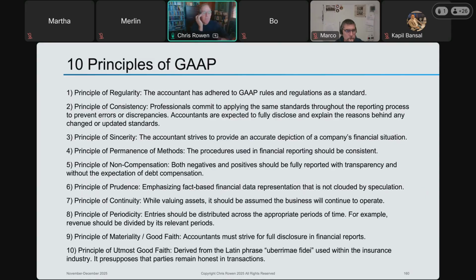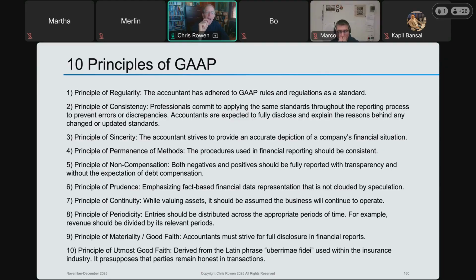There are a set of principles in GAAP that I will mention because it gives you the spirit of what GAAP is about, rather than I expect you to memorize these rules and apply them constantly. But there are principles around which GAAP is created, which give you a sense of it.